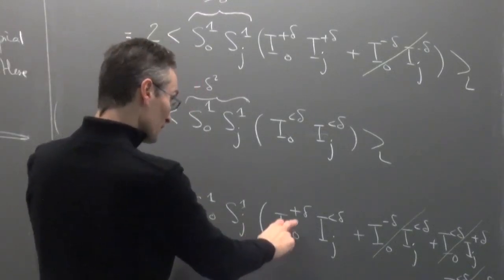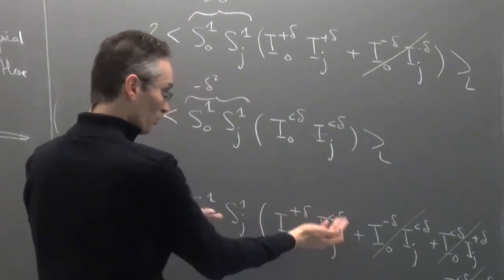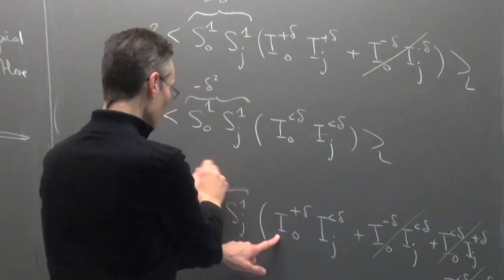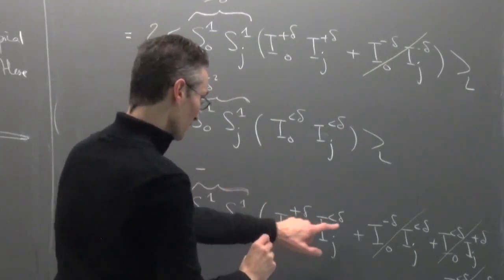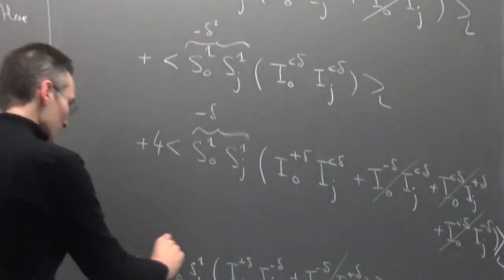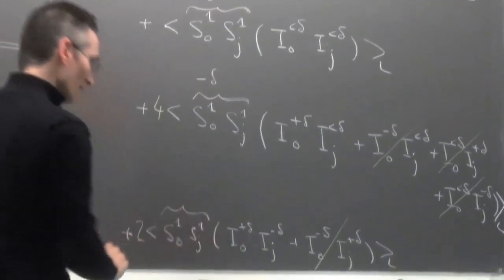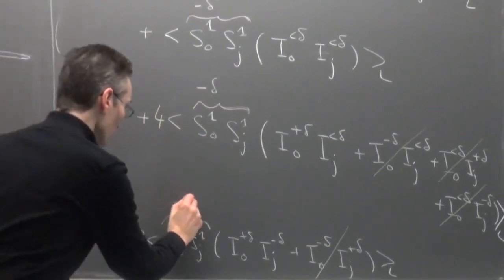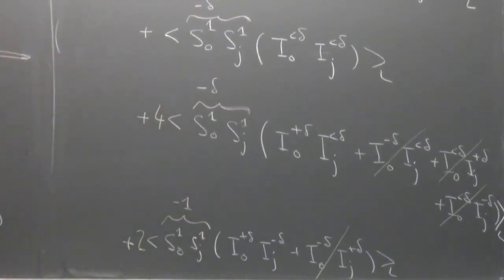Here you get one plus and one smaller, so the sign could not match. So at worst, this is minus, so it will be delta times 1. So this could be minus delta. And this one at worst, I have one plus and one minus, so they point in the wrong direction. So at worst, it's minus 1. Okay? I think it's correct.